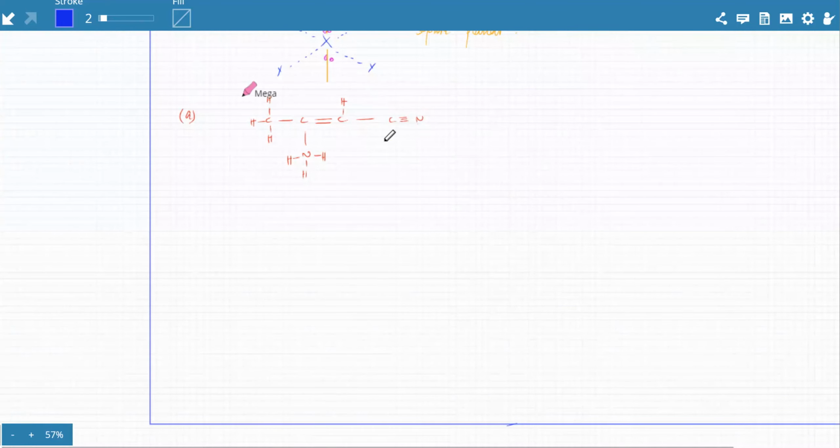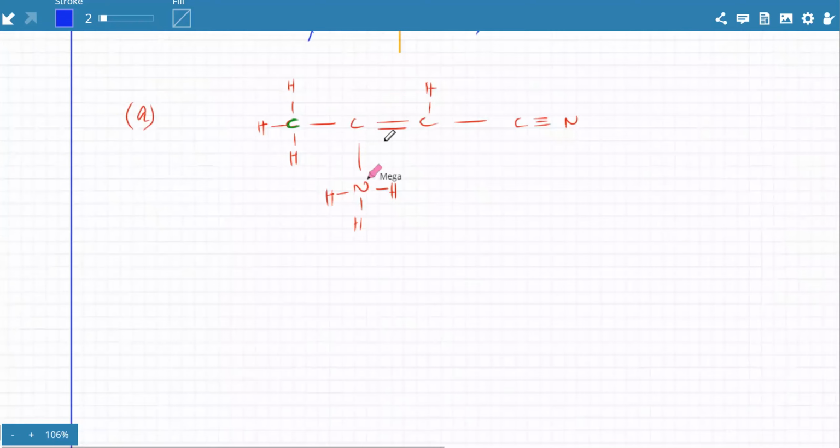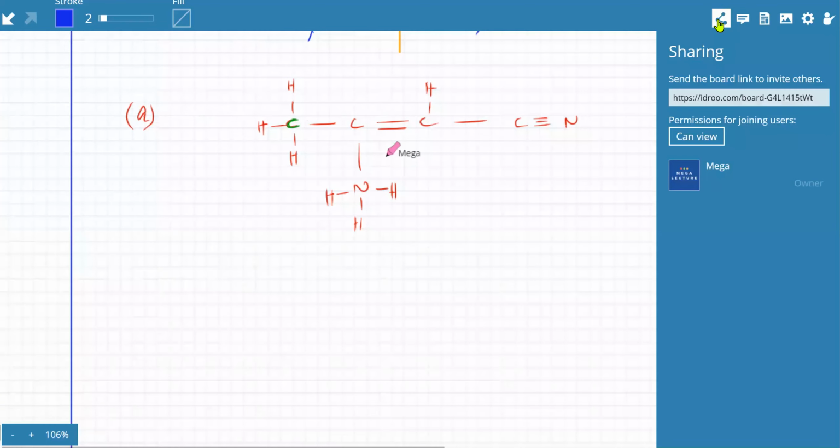The first one is, look at this green carbon atom over here. Can you tell me what the angle is? You can use the board as well. Let me send you the board link. One second.